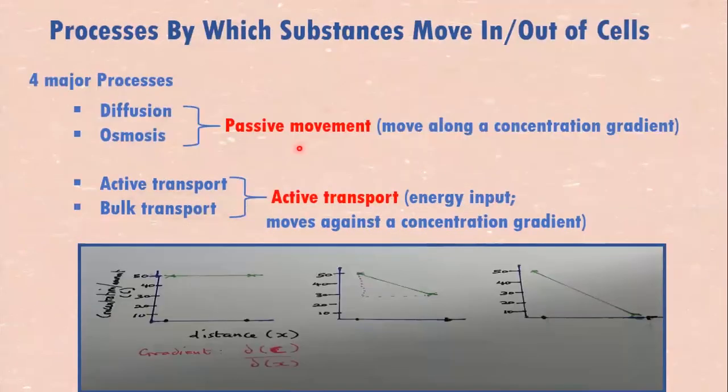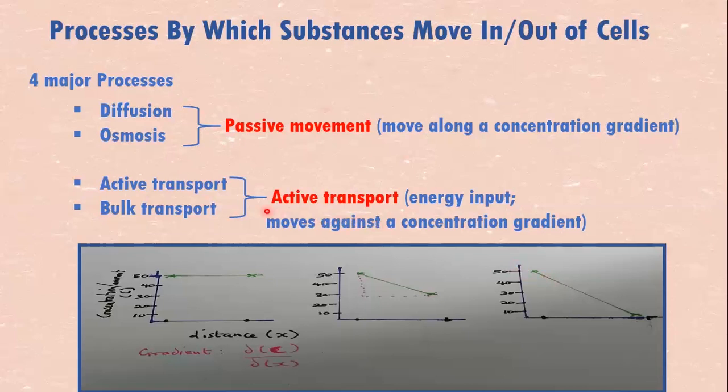So the processes that move substances in and out are four major processes: diffusion, osmosis. These are passive movements or passive transport. The molecules move along a concentration gradient, like here. They move from a high concentration region to a lower concentrated area, and it's passive, just flowing down.